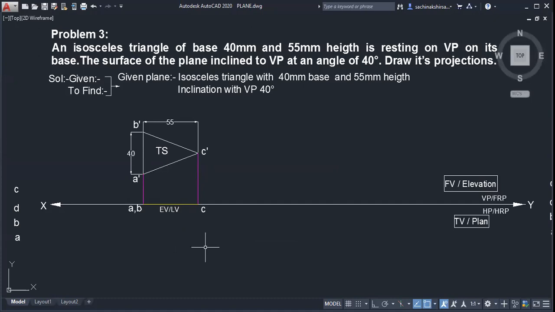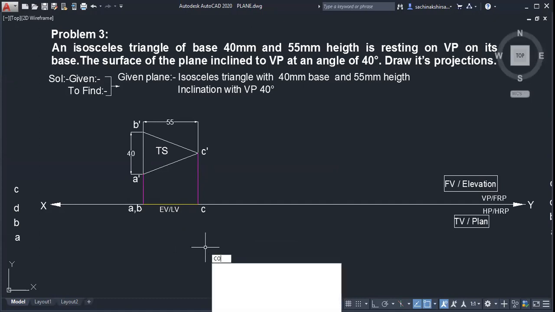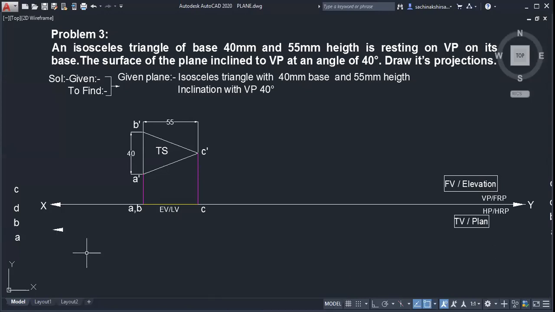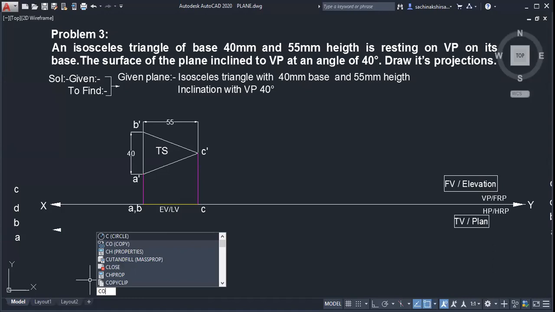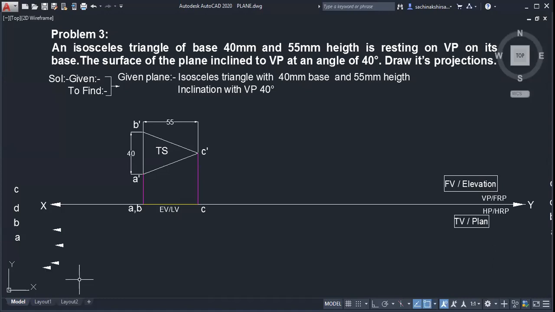Draw this much first. After completing, you can tell me. Is it over? Yes, sir.